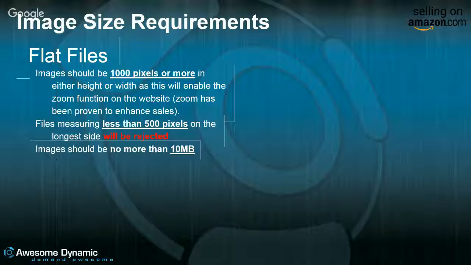And to be quite honest, if you start to get up towards that size, don't forget that this is a website, and you're not going to be able to take advantage of that kind of quality, even when you're zoomed in. That being said, even though it says images should be no more than 10 megabytes, I'd still recommend sticking around 4 or 5 megabytes at most, just to make it a little easier to send the files up to Amazon, and I think that would be plenty of quality.